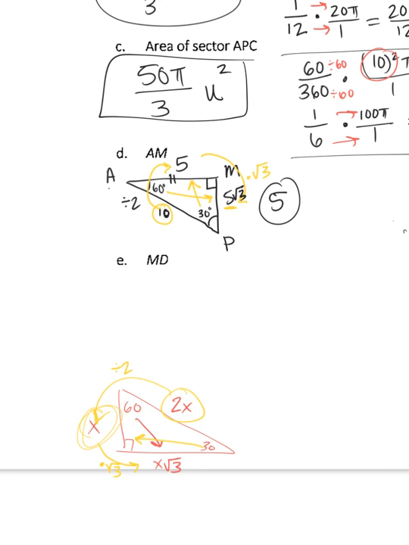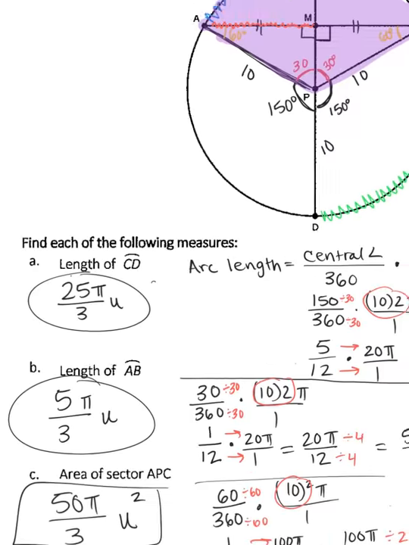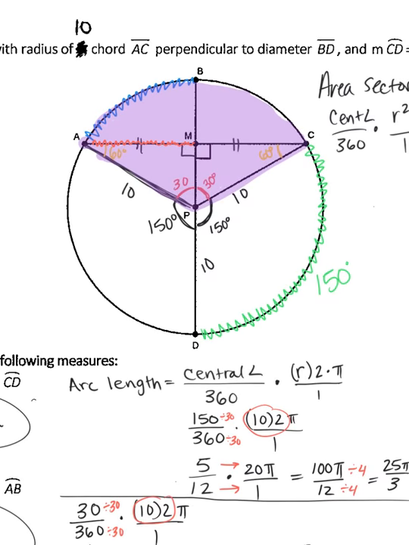Let's add that to our picture and keep in mind our next question asks us to find the length of MD. I know now that this side is 5, which means this side is 5, and I also know that the little short side is 5 root 3. Again, my picture is a little bit off according to my numbers, but please just go by what the numbers say.